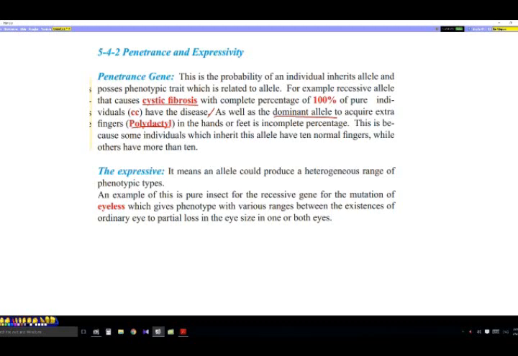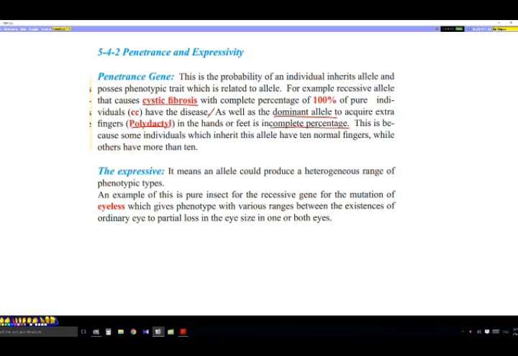So in hybrid cases, they can show their effects in different percentages, maybe incomplete. This is because some individuals with the inherited allele have 10 normal fingers, while in the dominant case, they have more than 10 fingers.